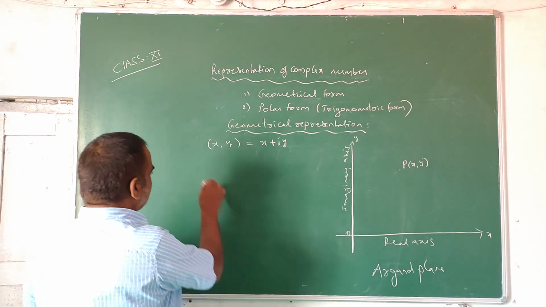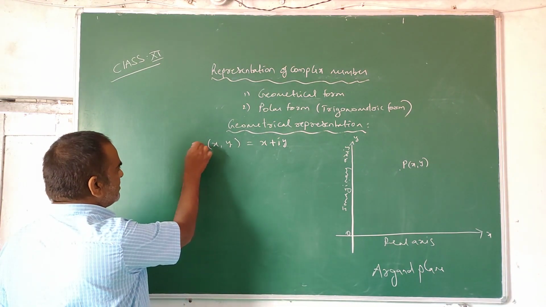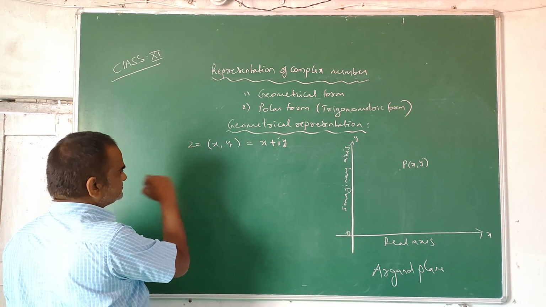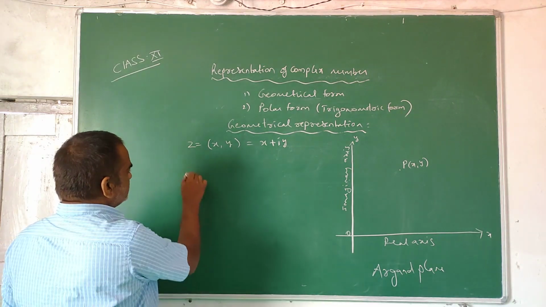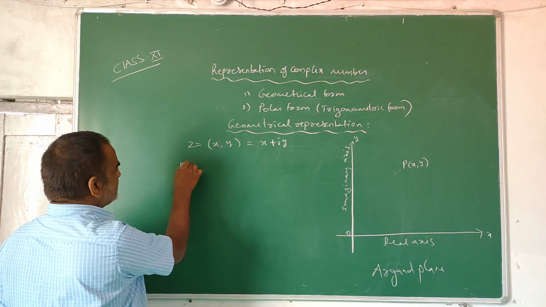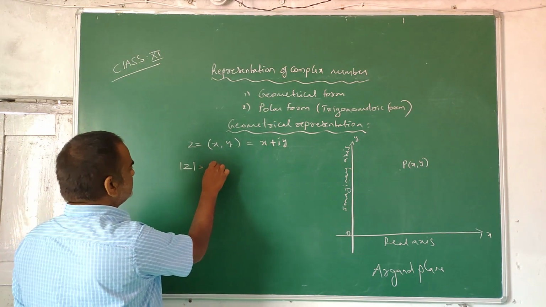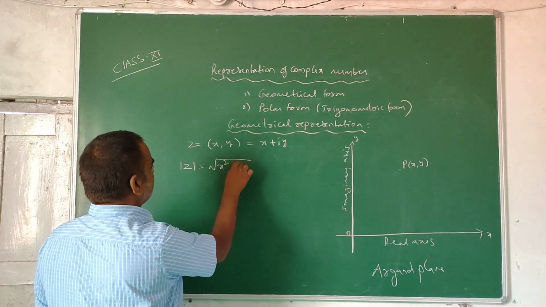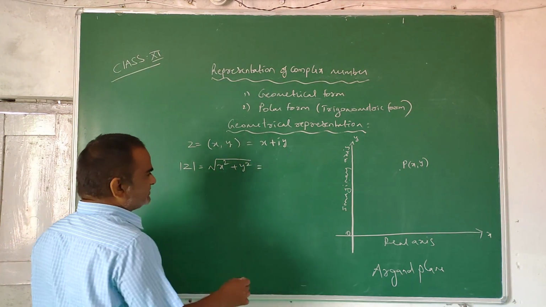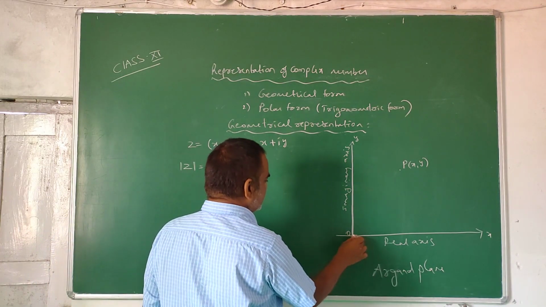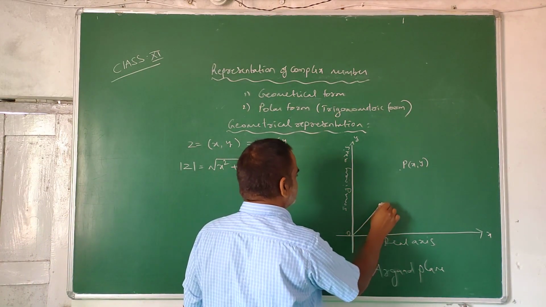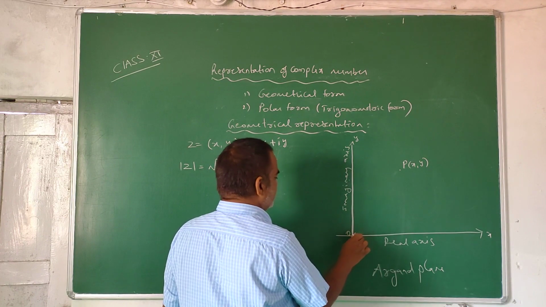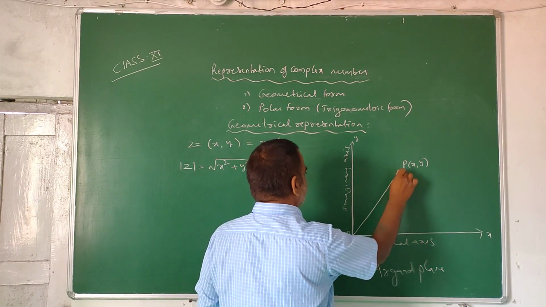Now, what is the geometrical meaning of modulus of the complex number? See, as we have discussed, mod z is root over x square plus y square. This root over x square plus y square is nothing but the distance from origin to the point P, whose coordinates are x comma y.